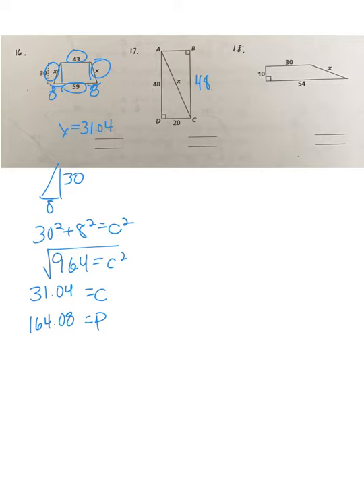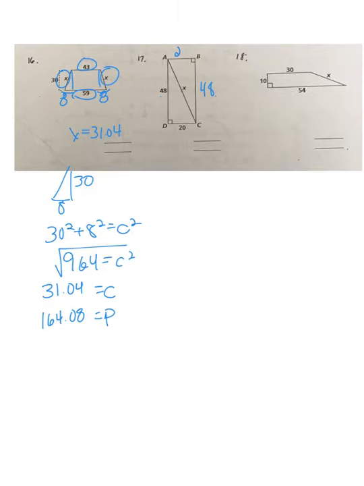This one, number 17, we can find the perimeter already because we know that it's a rectangle, so both sides are 48 and the other two sides are 20. So 20 plus 48 plus 48 gives me a perimeter of 136. I forgot to add this one in up here.